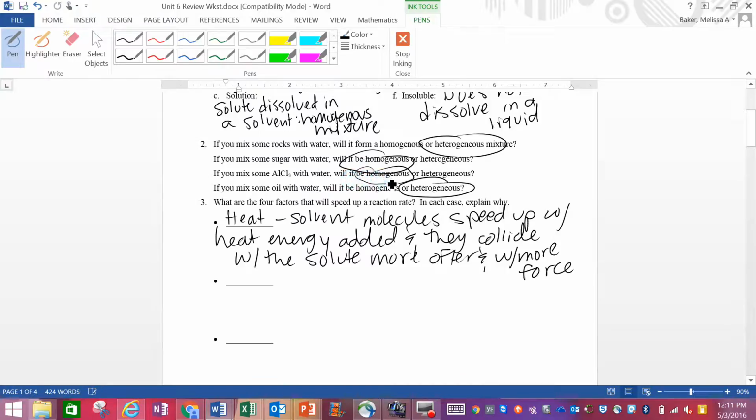Therefore, when things collide more, they tend to react more. They reach that activation energy point where the atoms can come apart, the bonds break, and then new bonds form.